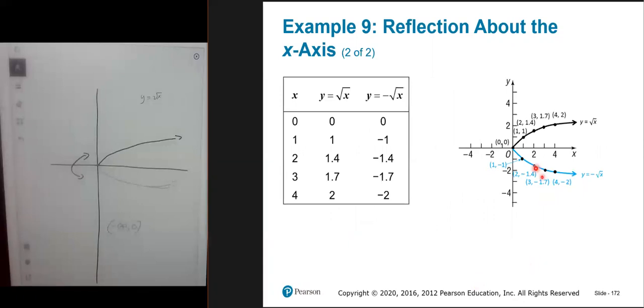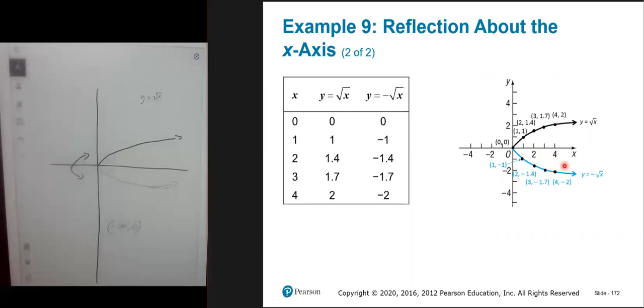So the point 0, 0 stayed 0, 0, but 1, 1 became 1, negative 1. 2, 1.4 became 2, negative 1.4. 3, 1.7 became 3, negative 1.7. 4, 2 became 4, negative 2. Okay.